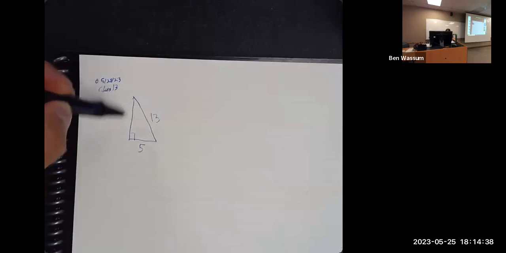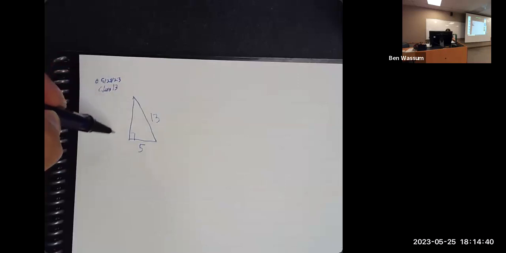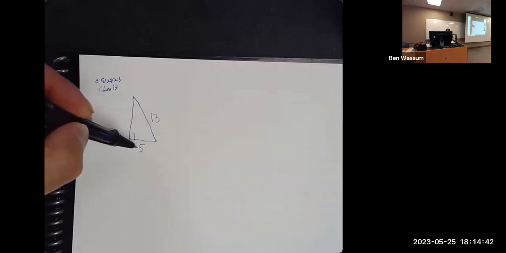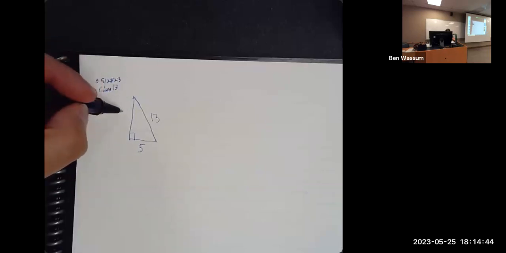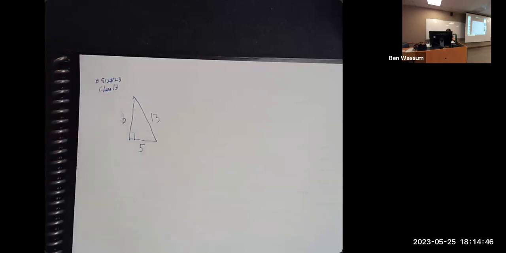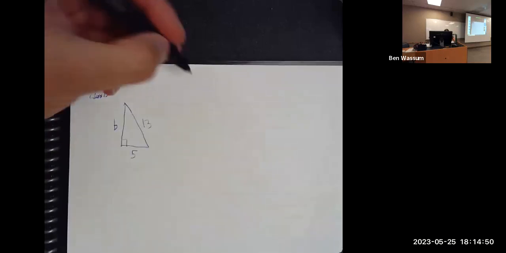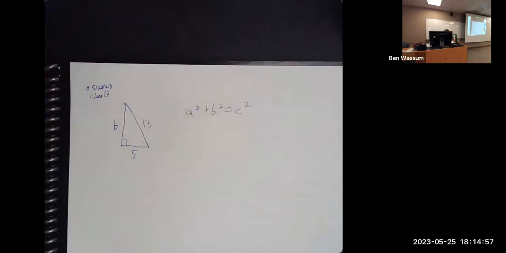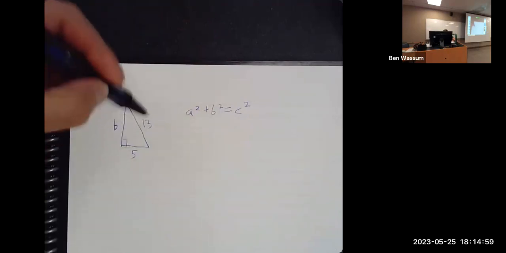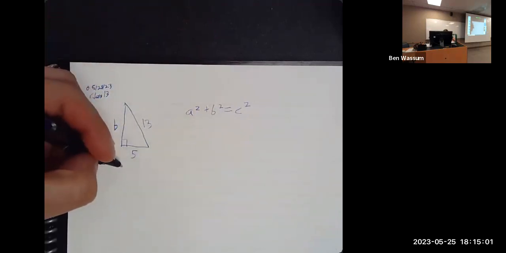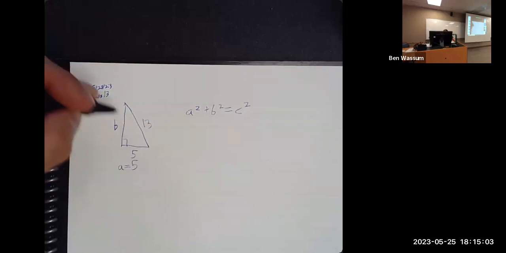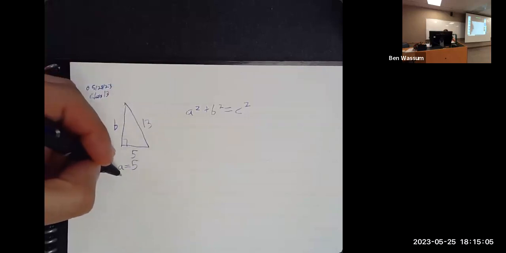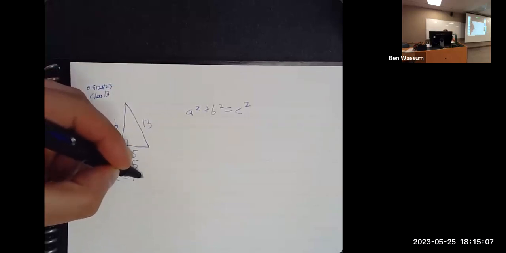So we need to know what this side is. So if I consider this leg a, then this would be leg b. Doesn't really matter what I call it, but we gotta call it a variable. But I'm calling it b because the formula is a squared plus b squared is equal to c squared. And we know what two of those are. If this is leg a, this leaves this to be our c.